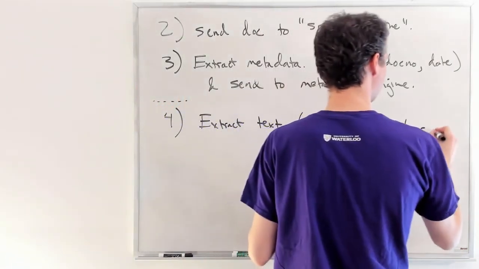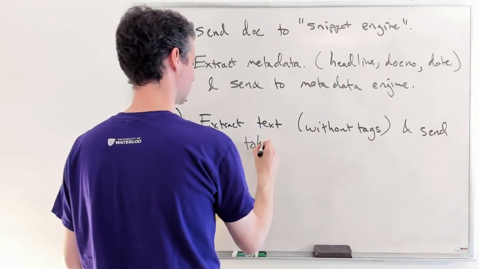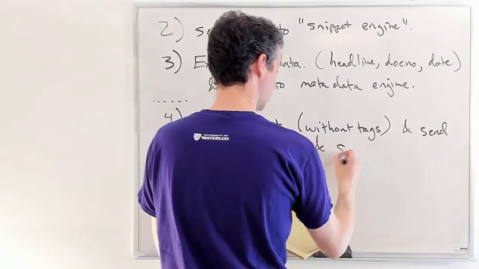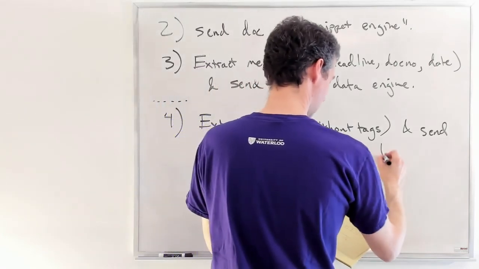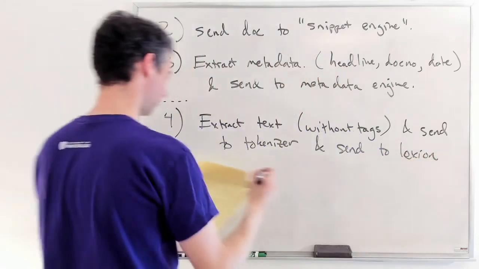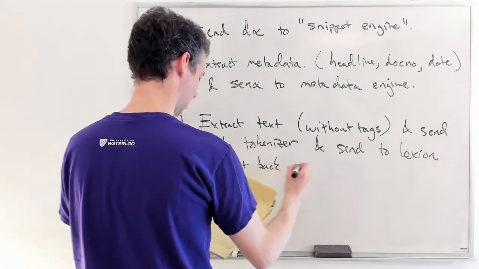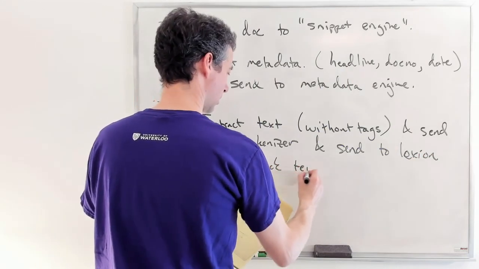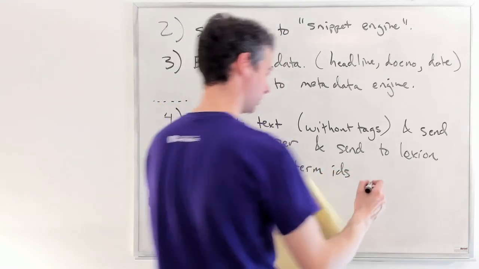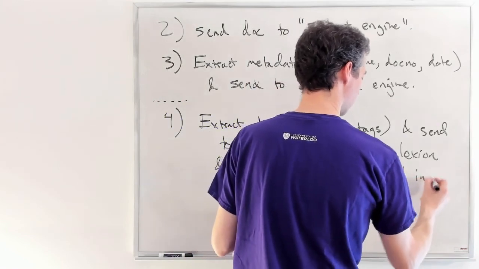And then send this to the tokenizer, which we'll eventually talk about very soon, and then send it to our lexicon and get back term IDs, or the term numbers, and we'll work to build the index.